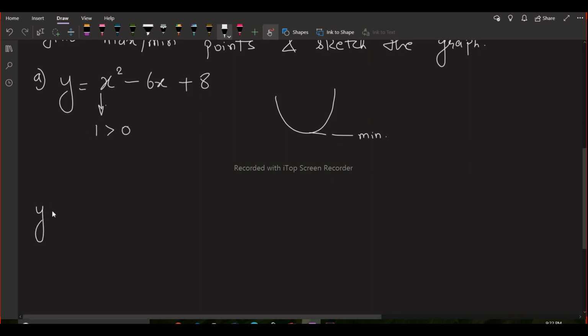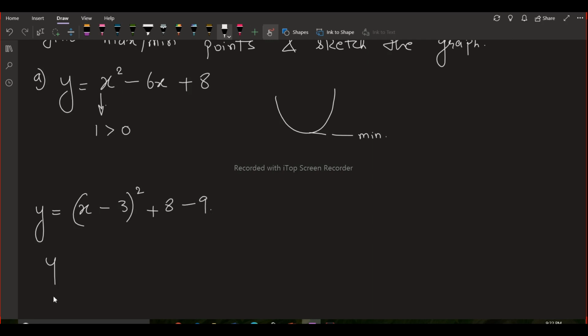So I'll write this as y equals x squared minus 6x. If I divide the coefficient of x by 2, which gives 3, I can write this as x minus 3 the whole square. I have put a plus 9 here, so I'll have a minus 9 here.